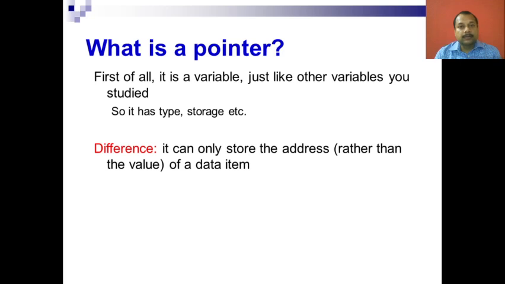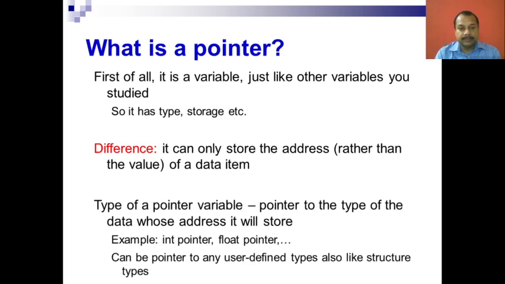It is the variable which can store only the address rather than the value of a data item. So what I try to say is that when I declare one variable, that variable has a specific data type. In this case, when I declare a pointer, definitely for a pointer there will be a variable name, but that variable will store only the address. Okay, so that is the basic difference.